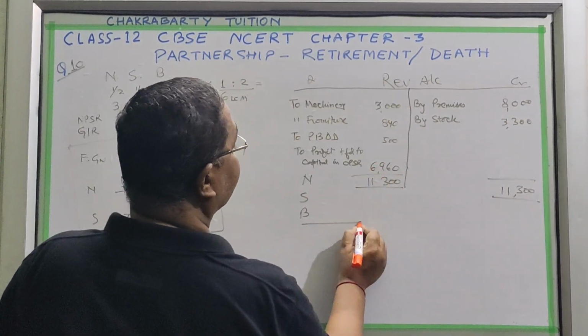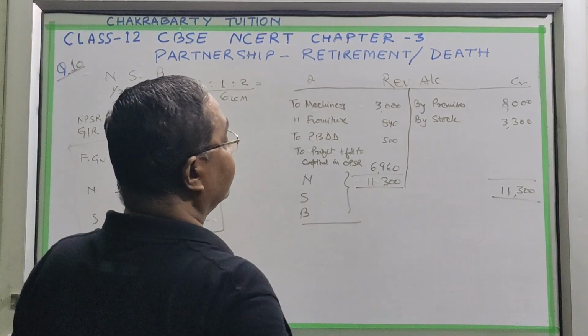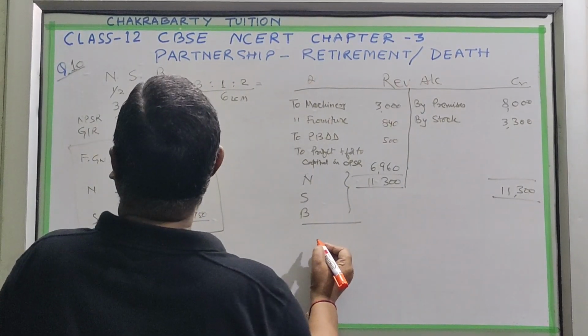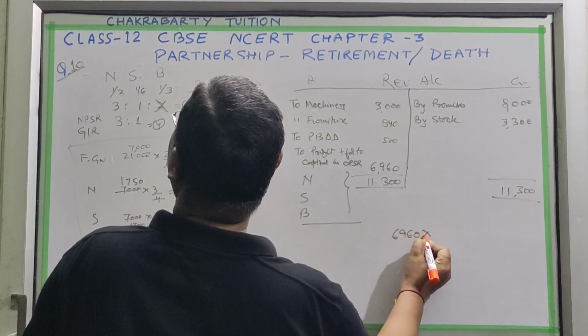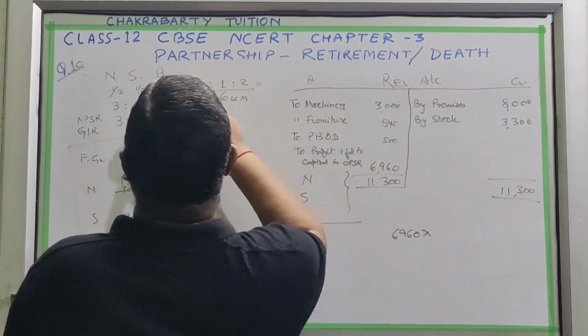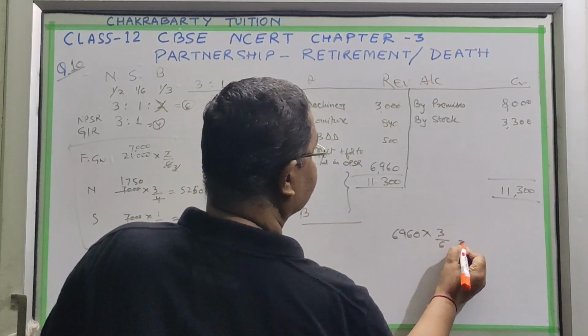6960 into their old ratio, which was 6. So 3/6.